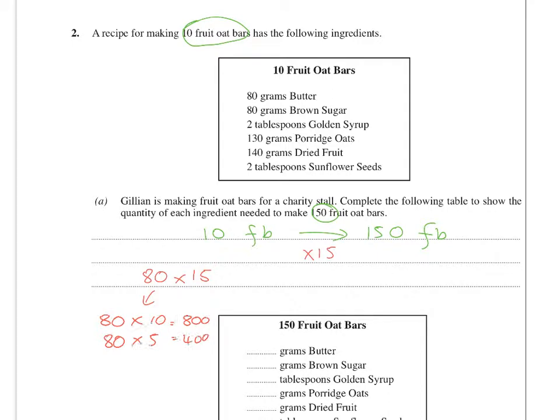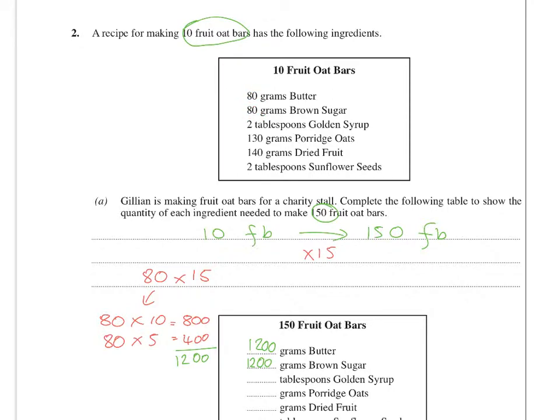Or I could have said what is 8 times 5, which is 40, and then add the 0 on from there. So that gives me a total of 1,200. So I need 1,200 grams of butter. Means I also need 1,200 grams of sugar because that was the same, so 80 and 80.